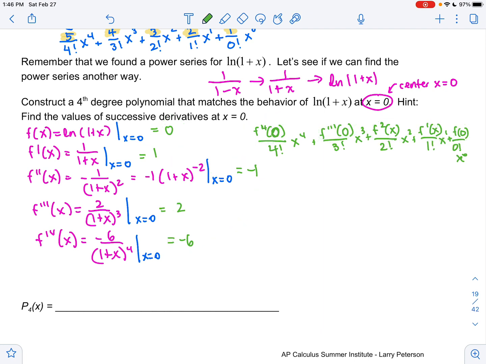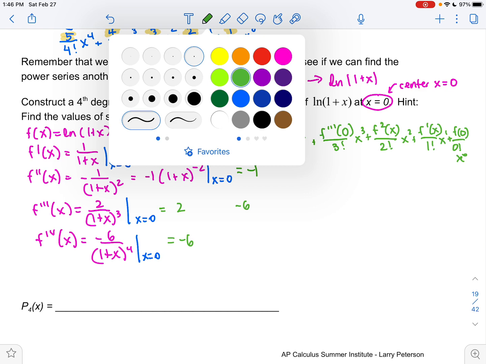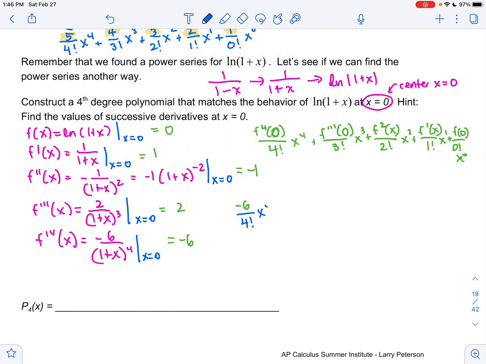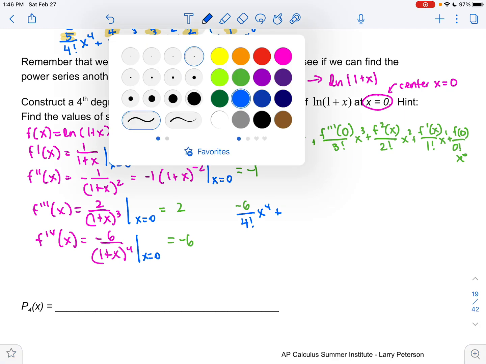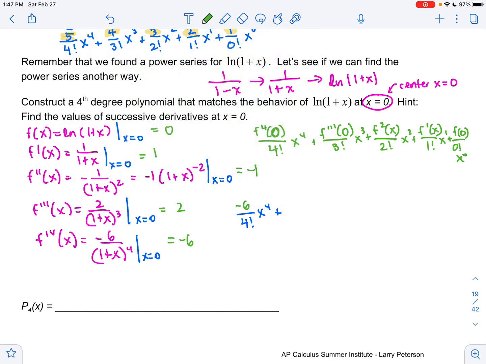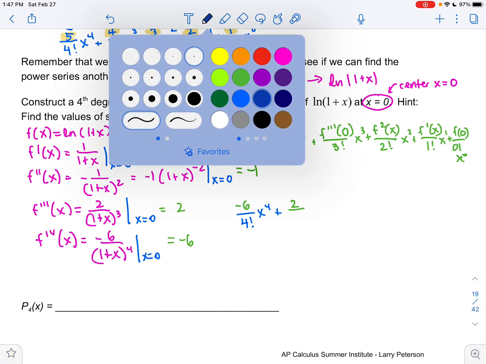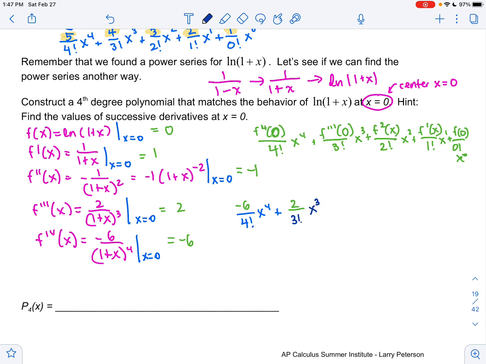Okay, so if I go ahead and do that, I get the 4th derivative at 0 was negative 6 over 4 factorial x to the 4th, plus the 3rd derivative, which is 2 over 3 factorial, plus the 2nd derivative over x squared plus the 1st derivative over 1 factorial plus the original function over 0 factorial, which is 1, x to the 0 power.